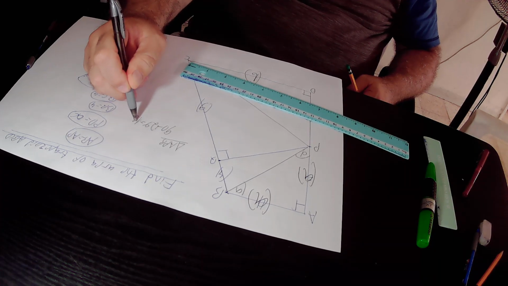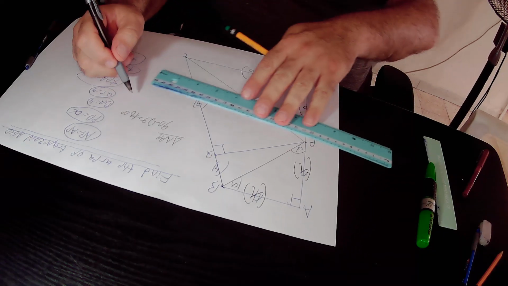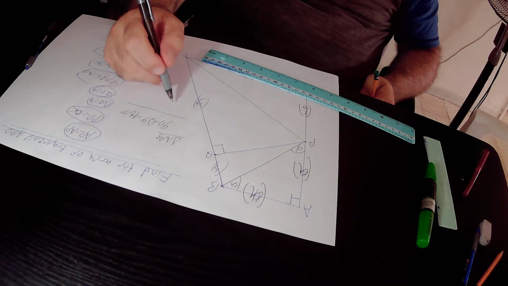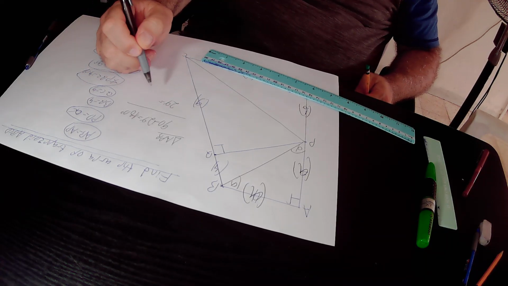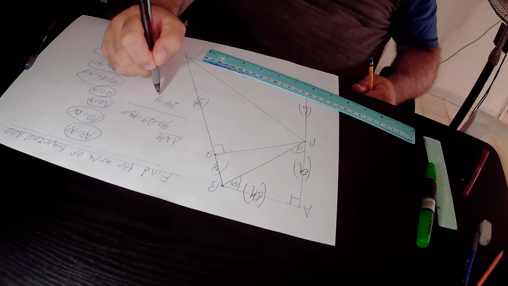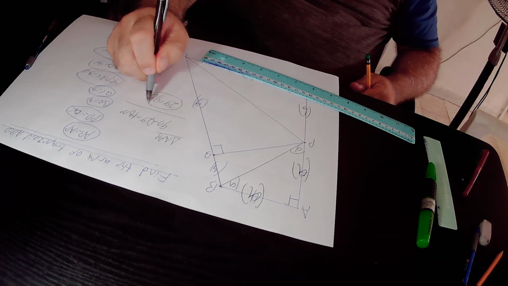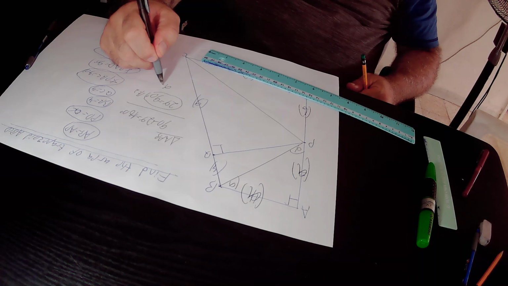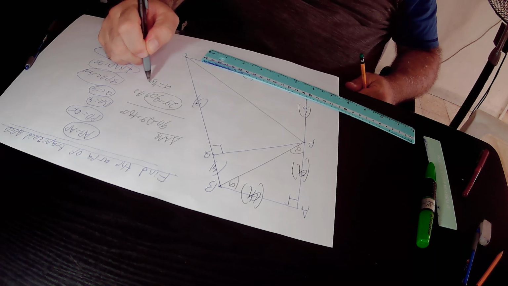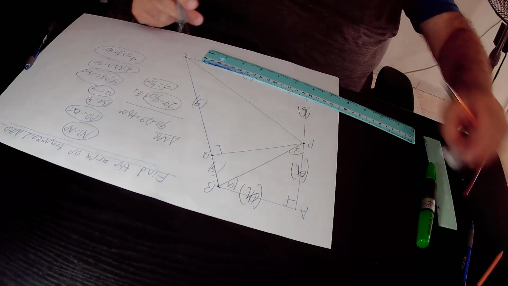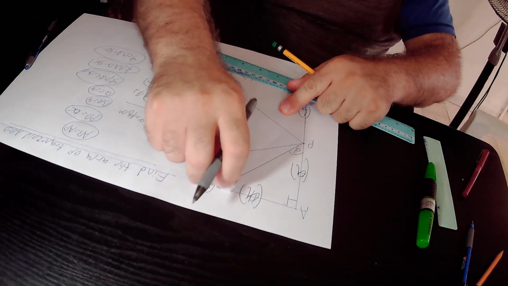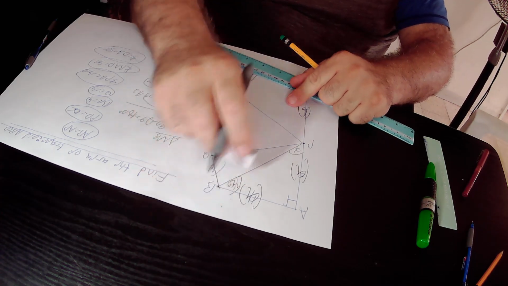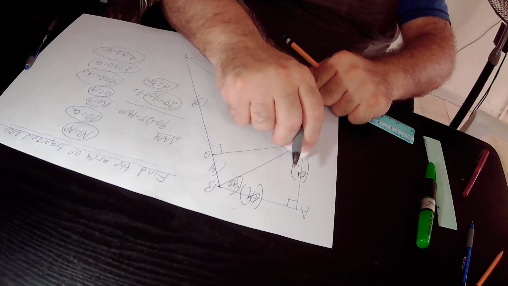In total, it must equal 180 degrees. So here we subtract 90 degrees and get that 2 alpha equals 180 degrees minus 90 degrees, which is 90 degrees. Here we divide this equation by 2, and finally get that alpha equals 90 degrees over 2, which is 45 degrees. So this is angle alpha that equals 45 degrees in size, and this is also angle alpha that equals 45 degrees in size.